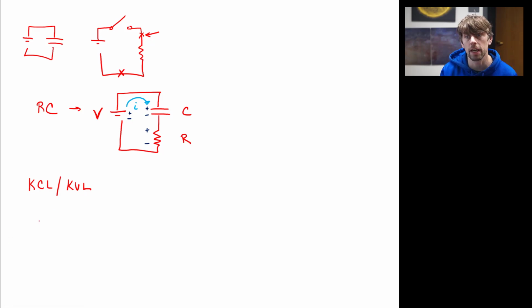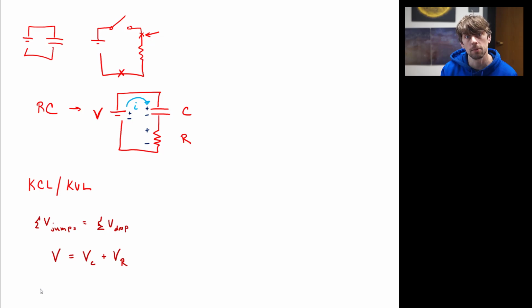Well, let's go ahead. KVL tells us the sum of the jumps is equal to the sum of the drops. And therefore, as I walk around the circuit, we have the potential of the battery is equal to the potential drop across the capacitor plus the potential drop across the resistor.